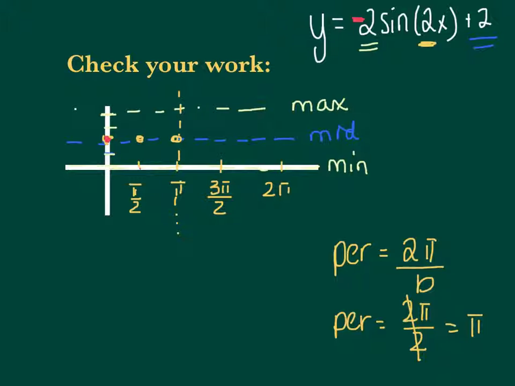So I'm going to go down to my minimum, back to my midline, up to my maximum, and back to the midline. And that is not a beautiful graph. Hopefully yours was prettier. The important thing is that you did not go up first. That is not what you want to do because of that negative sign. And as always, I could add in another period here.